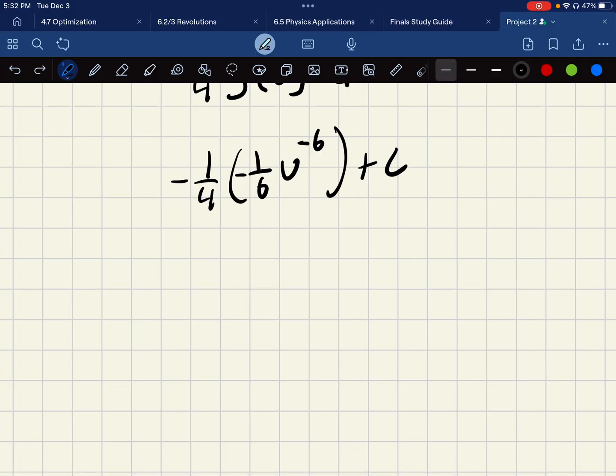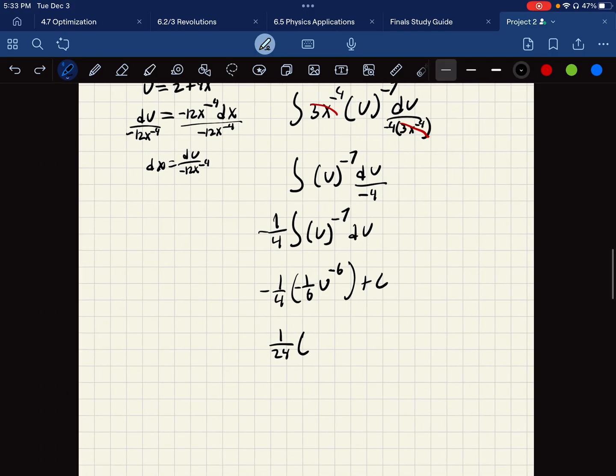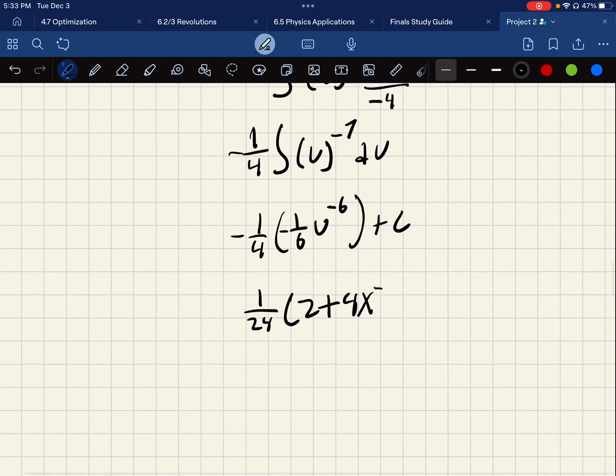So we're just doing distributive property. So you get 1/24, because it's negative times a negative equals a positive. And then we would plug in our u value, which is up here. So we get 2 plus 4x to the negative third, to the negative sixth, plus c.